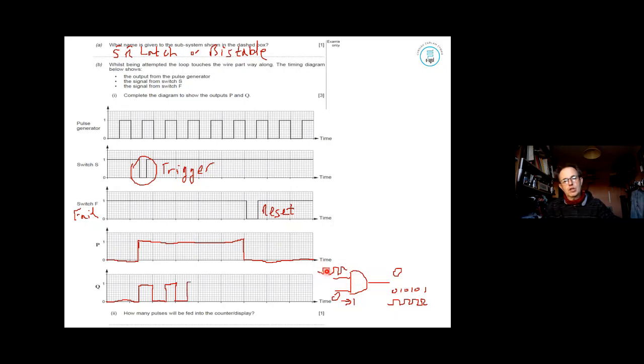Use an AND gate with a pulse going in, and then you trigger the output to make a pulse by going from a 0 to a 1. So the output in this case is the output which went high. You get the pulses coming through while it's high. So you would end up with 5 counts on the display itself.